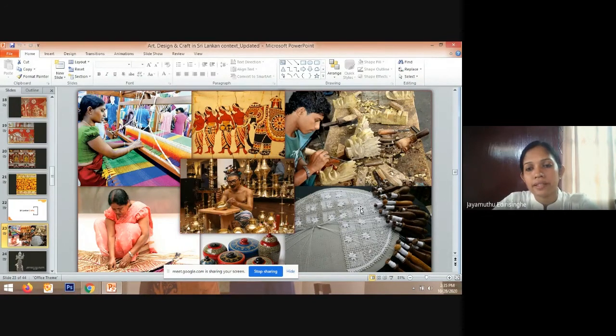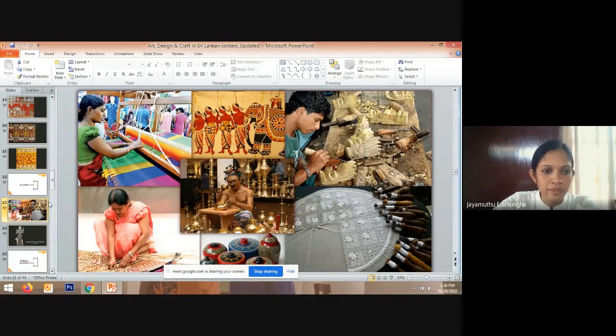In the bottom corner you can see lace work. That is also practiced as one of the traditional crafts here, and there are some other crafts I have not mentioned, but we will be looking at masks as a Sri Lankan craft after this.